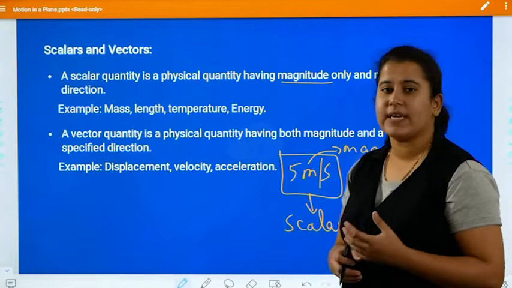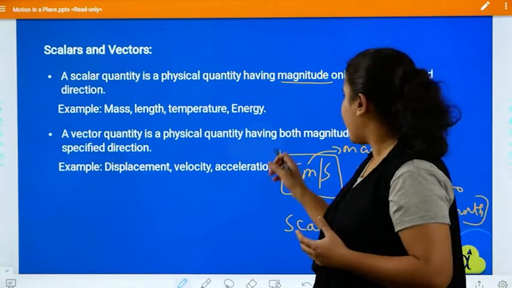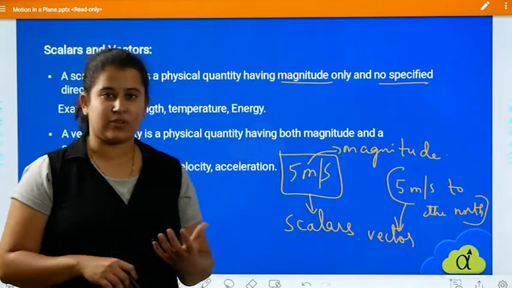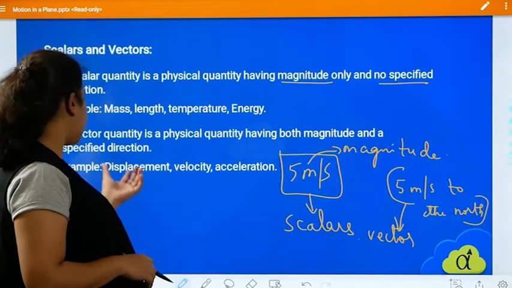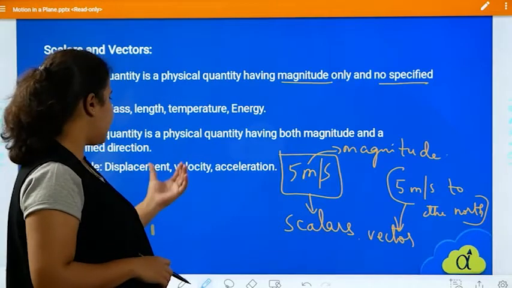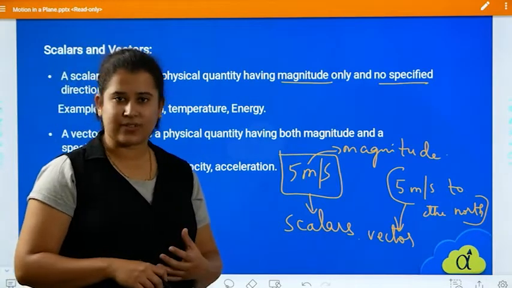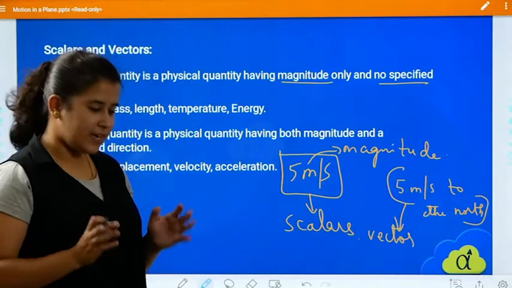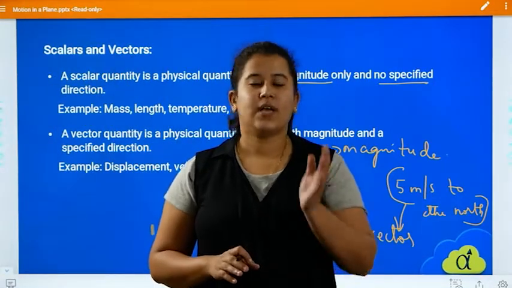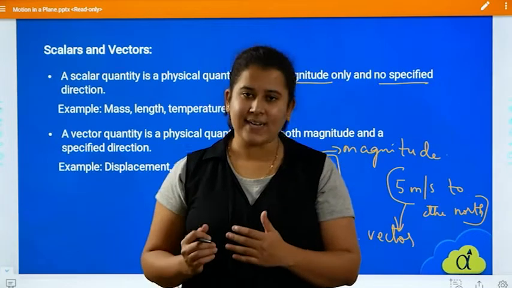A vector quantity is a physical quantity having both magnitude and a specified direction. Examples are displacement, velocity, acceleration, etc. I hope the definitions have been clear to you. Scalar means only magnitude, vector is magnitude and direction.